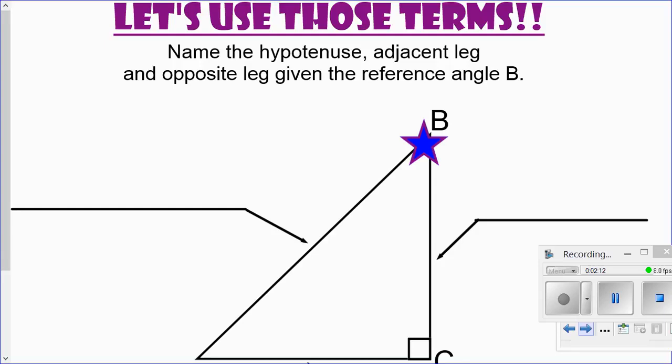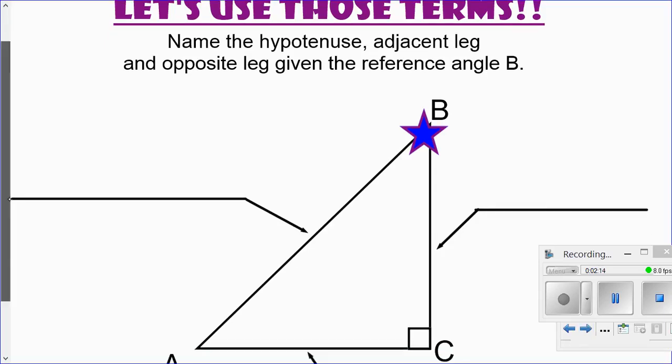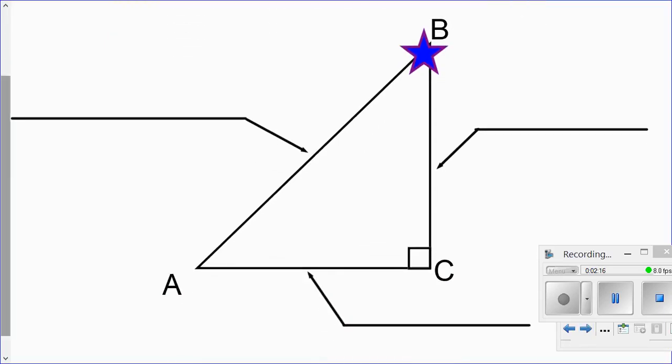So let's take a look at how that would look. Here we have another right triangle, but this time we are going to be looking at the sides in reference to angle B. First of all, the hypotenuse is always the hypotenuse. We'll just label that. That is across from the 90 degree. Now I'm looking at angle B and I'm following angle B down on both sides, and that leads to line segment AC.